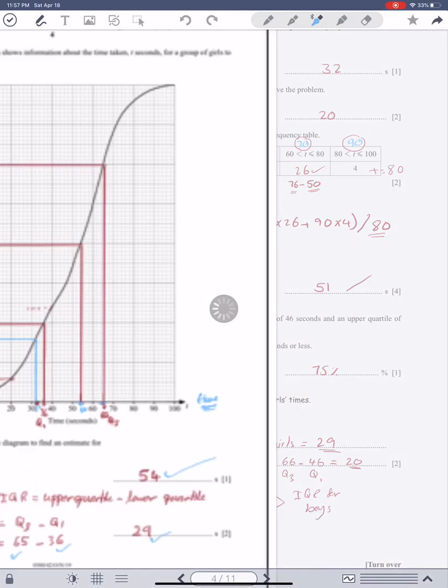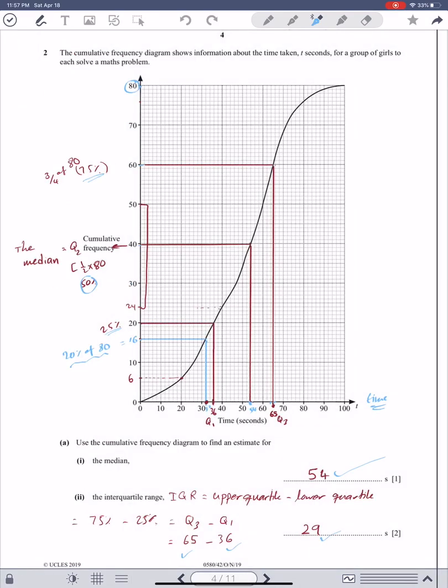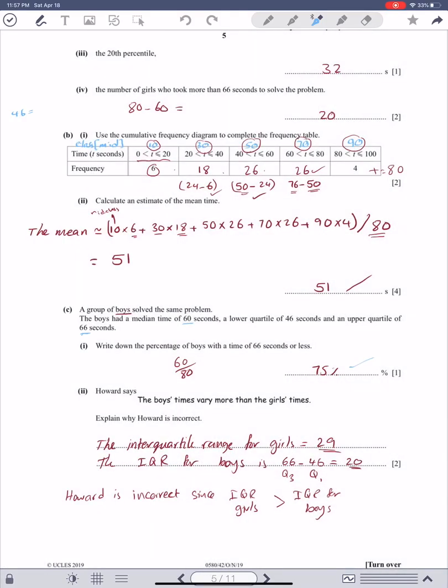So look here, the same problem. So less than 66 is almost 60 or less. So you go to 65 here, 60. So they are 60, dividing by 80, you will get 75%.